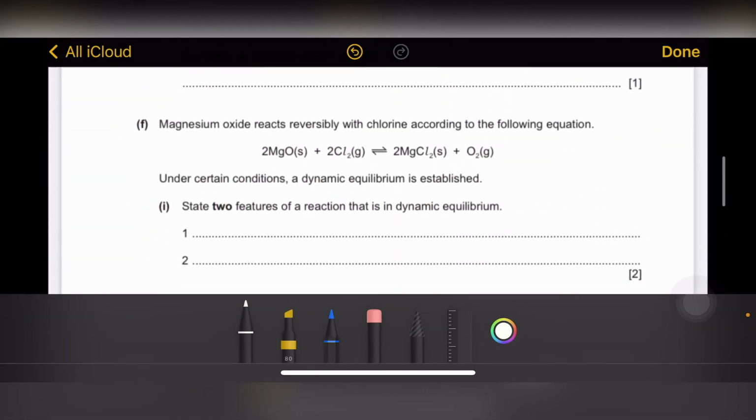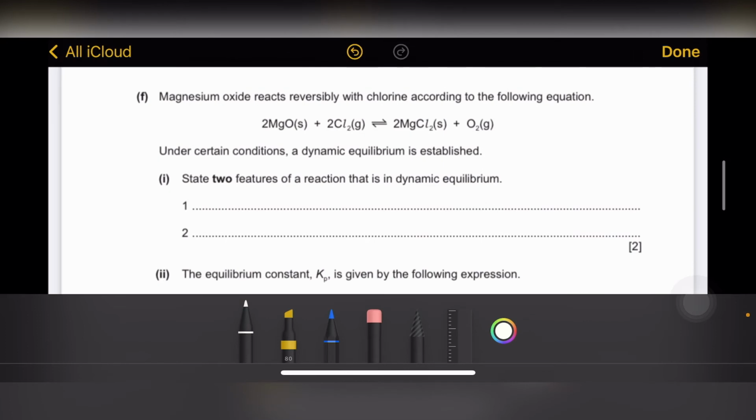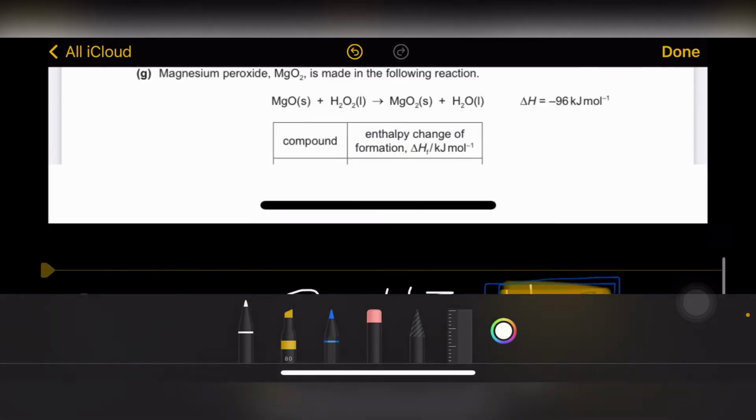Now next question, it says the magnesium oxide reacts reversibly with chlorine according to the following equation. 2MgO. Alright, state two features of a reaction that is in dynamic equilibrium. So there are two conditions.